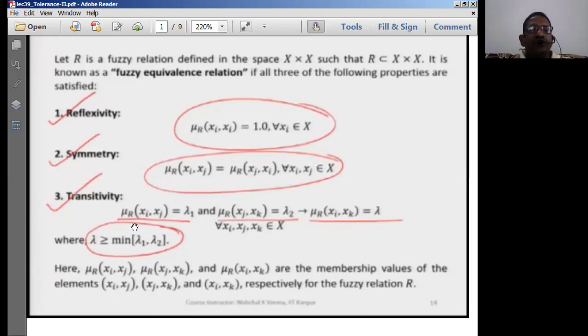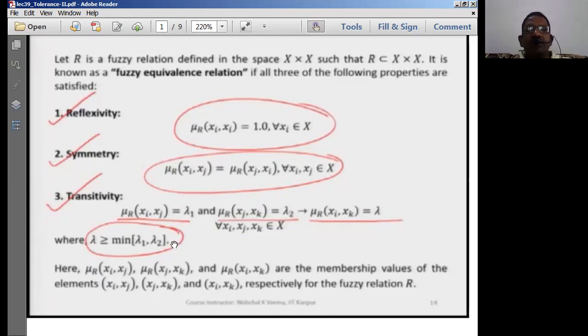What are the conditions? Let us see. The membership function of the relation matrix for xi and xj is taken as lambda 1, and the membership function for xj and xk is taken as lambda 2. The membership function for xi and xk, the same xi and xk used here, we take as lambda, and the condition is that lambda should compulsorily be greater than or equal to the minimum of lambda 1 and lambda 2.